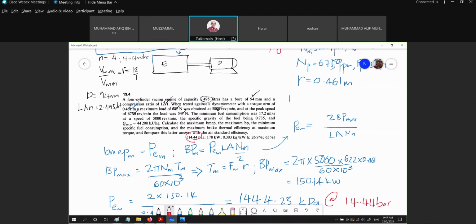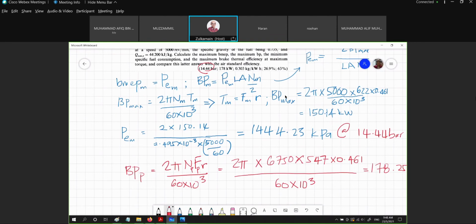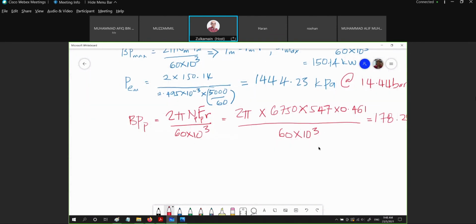So the next thing is the minimum specific fuel consumption. Yang diberikan di sini hanyalah untuk minimum, iaitu 7.25 is based on the minimum fuel consumption, speed dia pada 5,000. So the specific fuel consumption minimum is at 5,000 RPM.